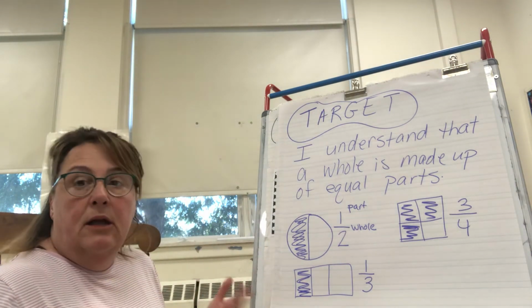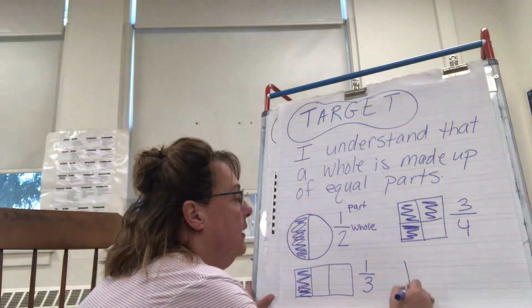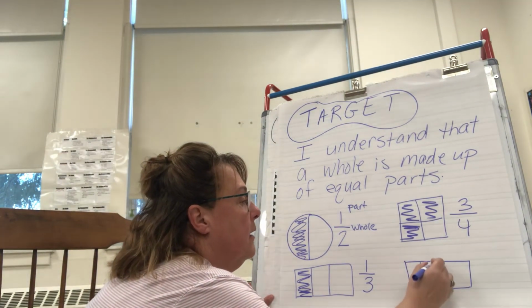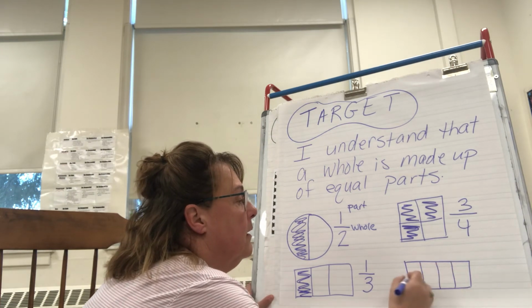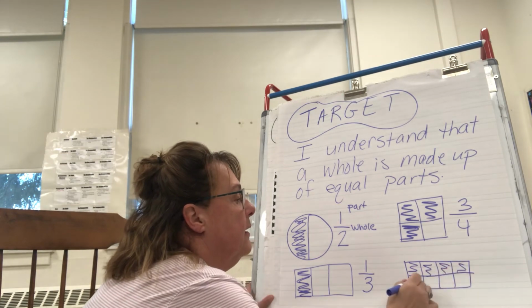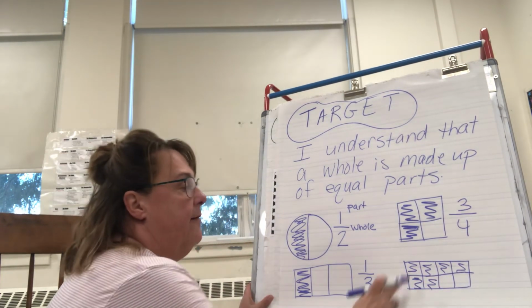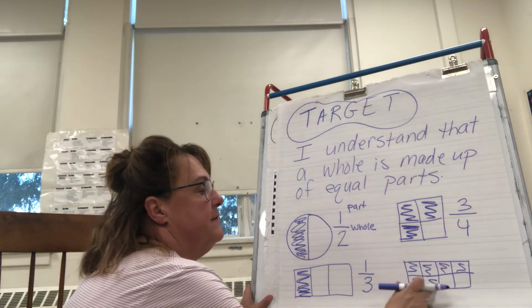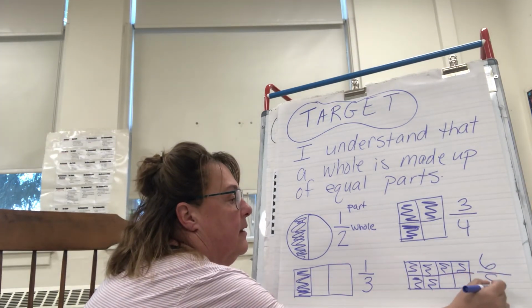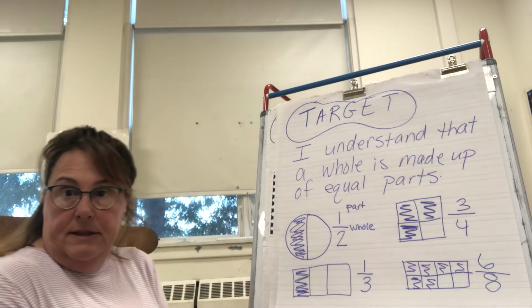Okay, you could do this lots of different ways. You could even have lots of them. If I shade it in, then I would have 1, 2, 3, 4, 5, 6 parts out of 8, or 6/8.